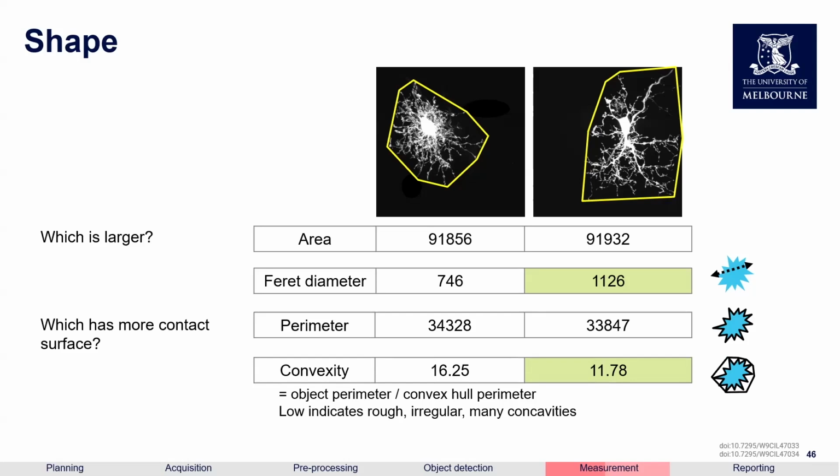So in this case, the right cell has a lower convexity value, which indicates it's more irregular and has a concave surface. So this type of shape measurement is possible. But obviously there's a lot more, and you can find the full list of shape measurements in the ImageJ documentation or the Shape Filter plugin, which can be very useful.